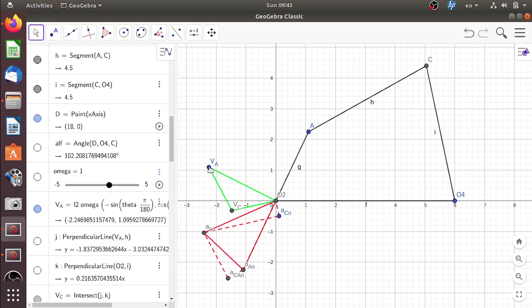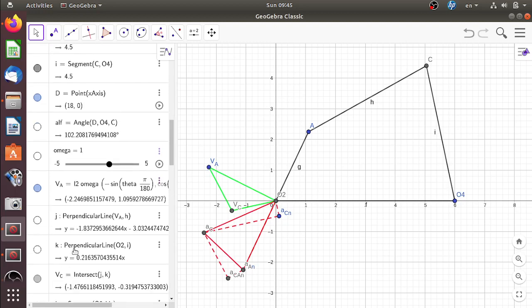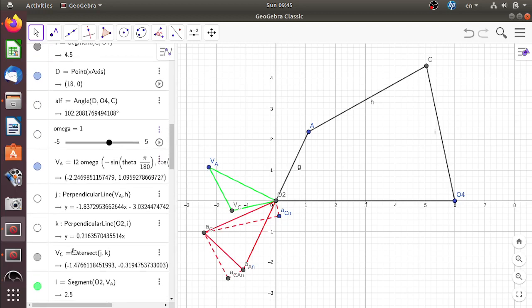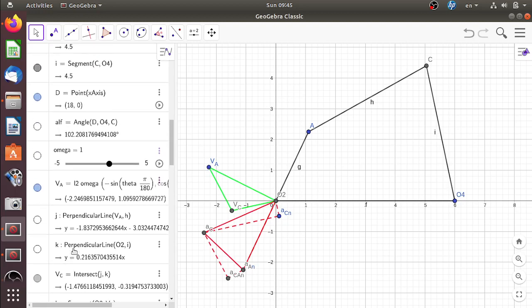So what am I going to do? I am going to draw a line perpendicular to this line which passes through this point. Somewhere I have drawn that perpendicular line. Yes, so this is the line, a perpendicular line to this line segment which passes through this particular point.